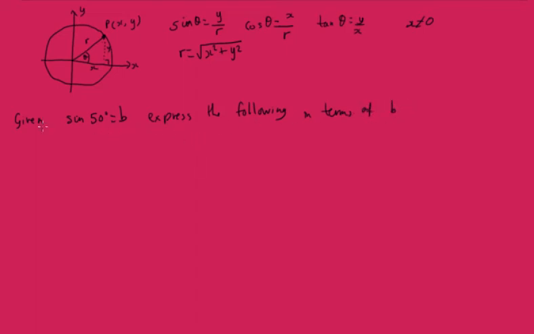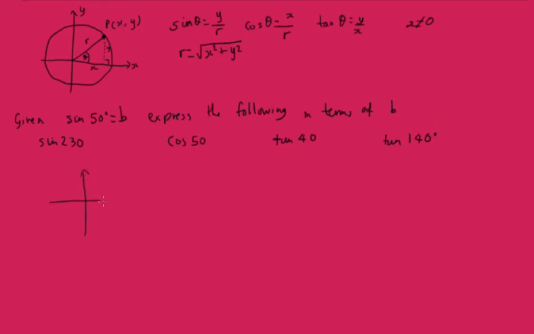So first we want to express the sine of 230, the cosine of 50, the tangent of 40, and the tan of 140. So let's look at the first one to begin with.